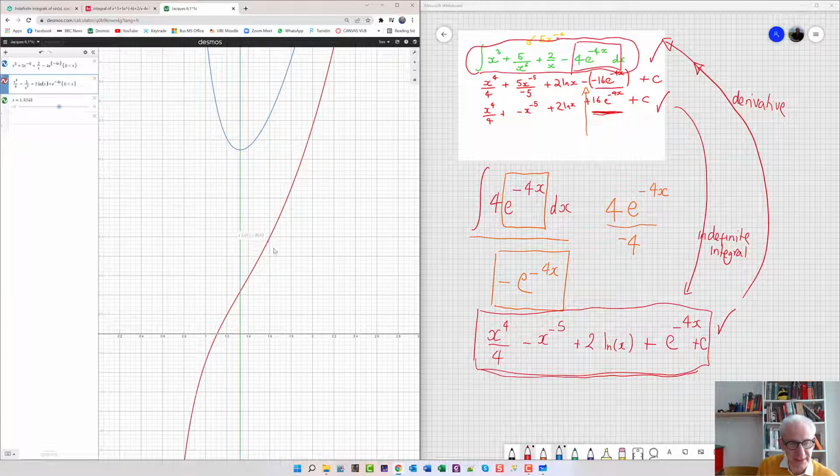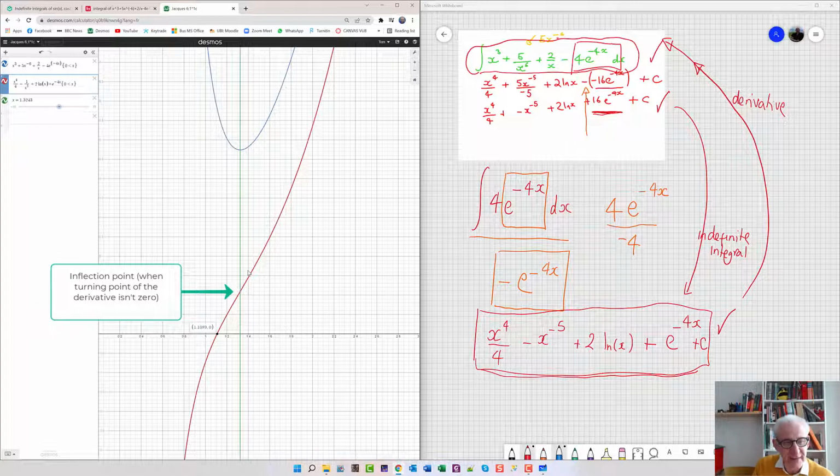And you can see there's a point on the chart where the steepness of the line changes. It changes from getting less and less to a point where it gets more and more. And that point we're going to learn is called an inflection point. It's not a turning point, it's not a maximum or a minimum, it's an inflection point.